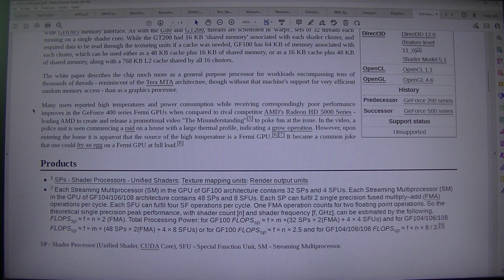In the video, a police unit is seen commencing a raid on a house with a large thermal profile, indicating a grow operation. However, upon entering the home it is apparent that the source of the high temperature is a Fermi GPU.